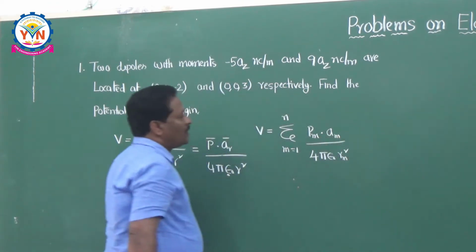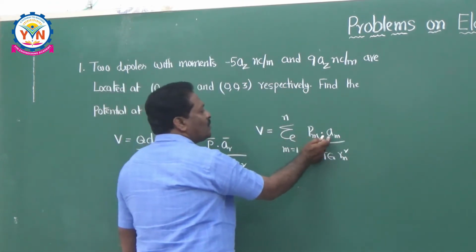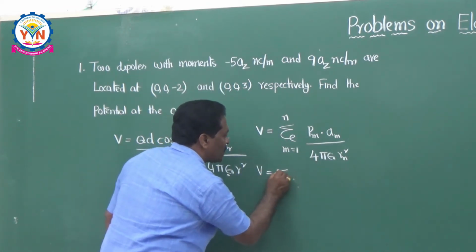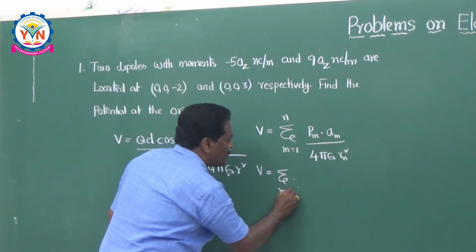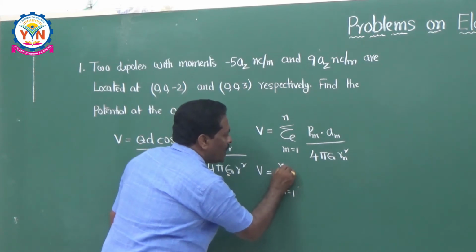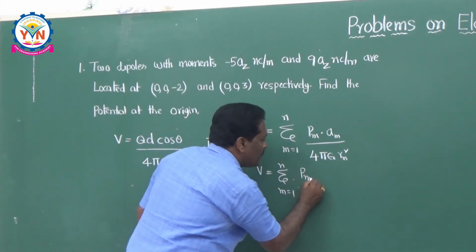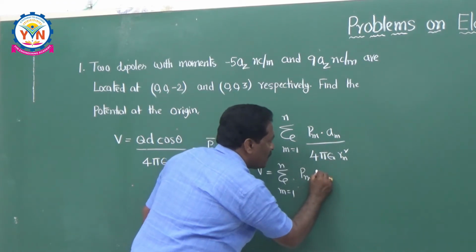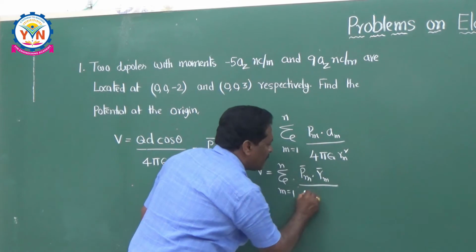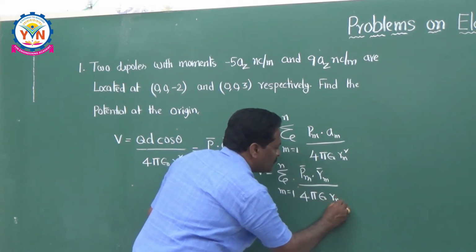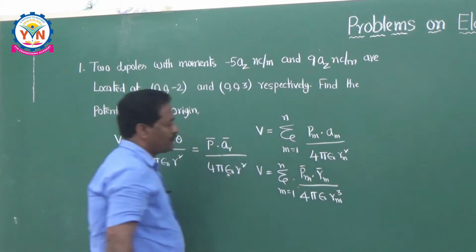If you write the unit vector in terms of the distance vector, it can also be written as V is equal to sigma m equals 1 to n of Pm dot Rm, which is a vector, divided by 4 pi epsilon naught into Rm cube. This is the formula you have to use.